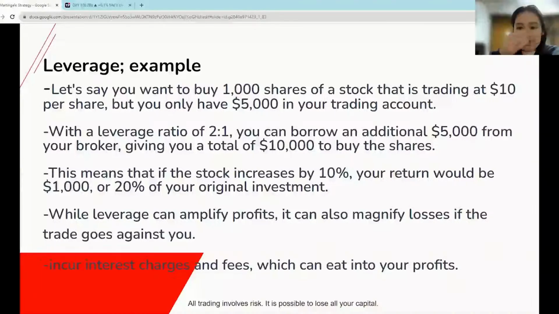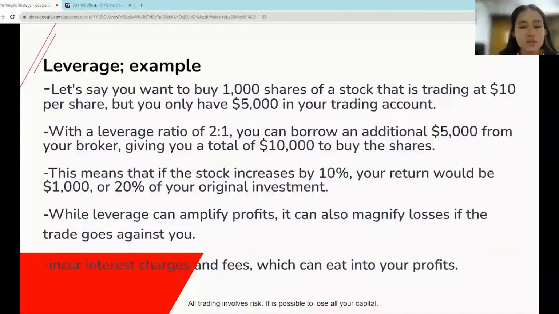So you use a leverage ratio of 2 to 1, and you borrow an additional $5,000 from your broker, giving you a total of $10,000 to buy the shares. This means that if the stock increases by 10%, your return will be $1,000 or 20% of your original investment. So while leverage can amplify your profits, it also magnifies losses.